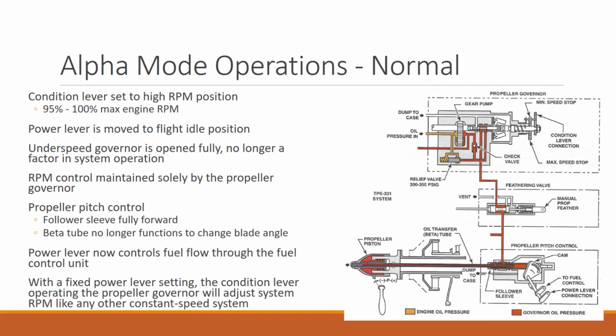This is why these were called 100% engines. Basically, the engine's going to ramp up its RPM. It's going to say, I want to go to a high RPM condition. Okay? So it's going to try to maintain that high RPM condition again, but now it's going to do it not by adjusting the amount of fuel to the engine through the underspeed governor. It's going to do it by adjusting the prop governor.